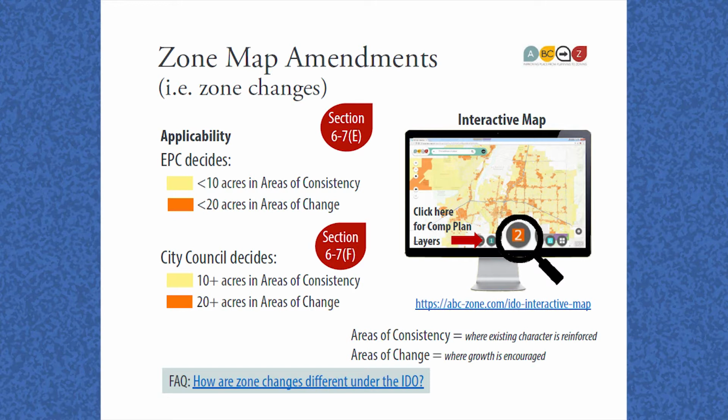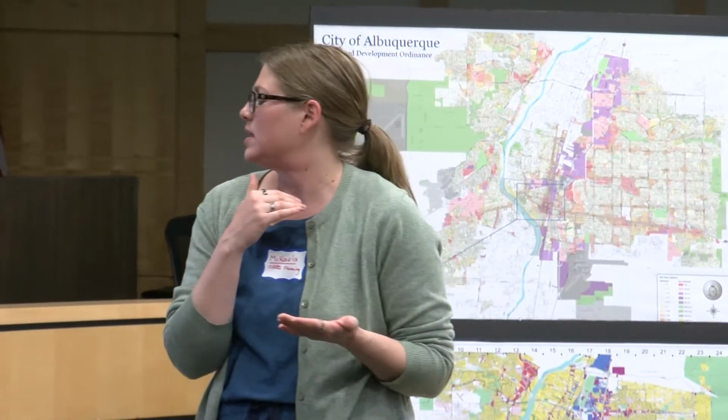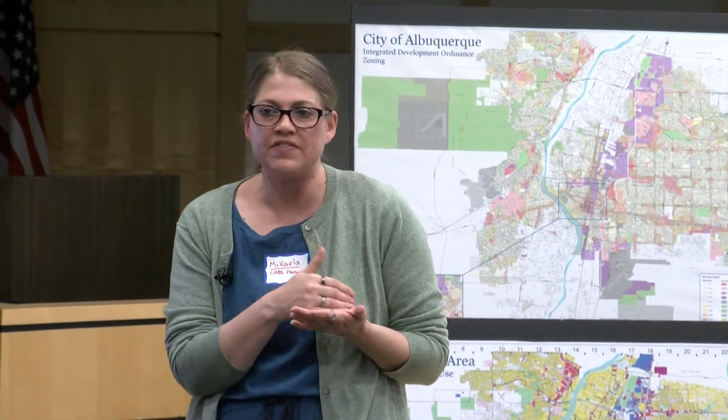There's kind of a size threshold in terms of who's going to make that final decision about zone changes. We also, you'll see references to areas of change and areas of consistency. This is a map out of the comprehensive plan that provides policy guidance about where we want to encourage growth and development and where we want to be very careful that new development reinforces the established character of that area.